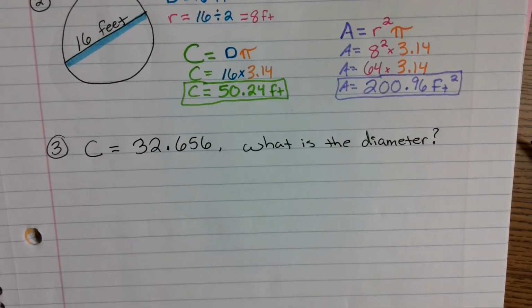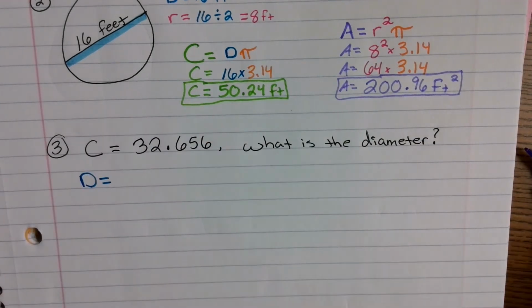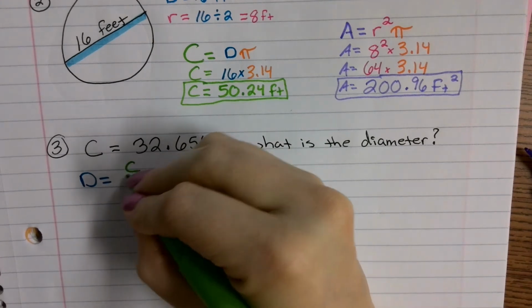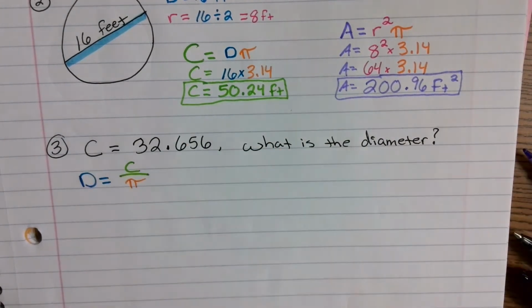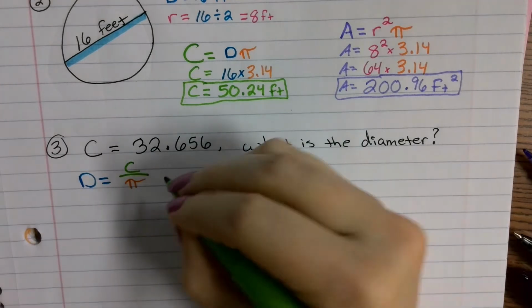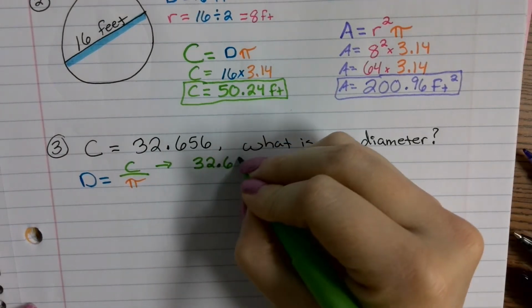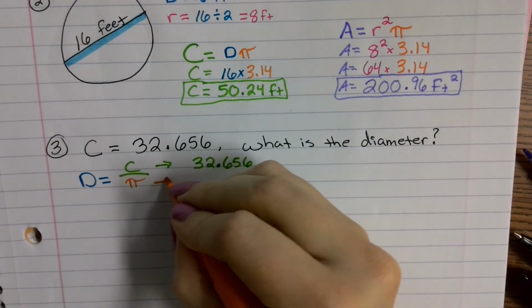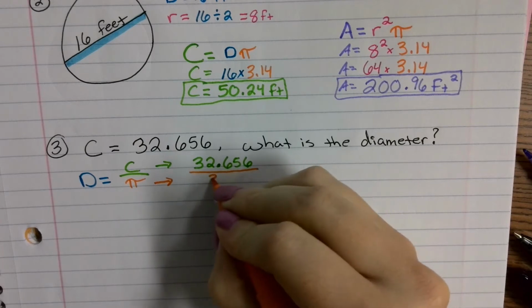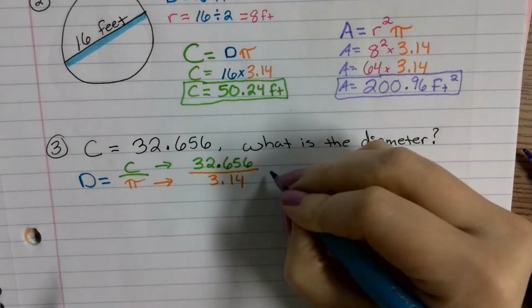I want to know what diameter is. That's when I gave you that reverse formula, that the diameter is equal to your circumference divided by pi. So all you have to do is take 32.656 and divide it by 3.14, and that would equal your diameter.